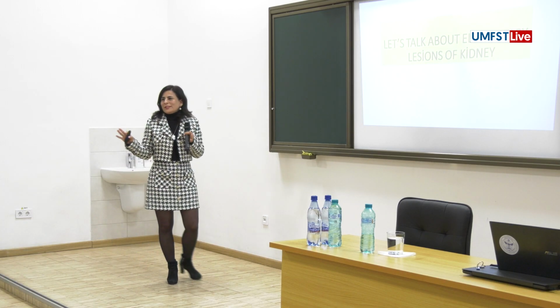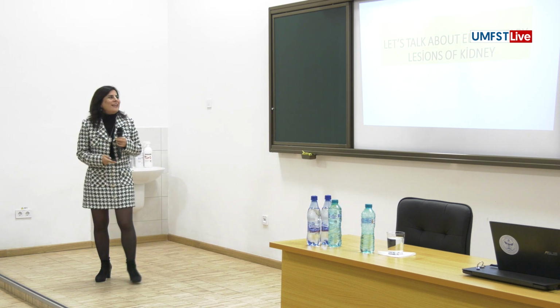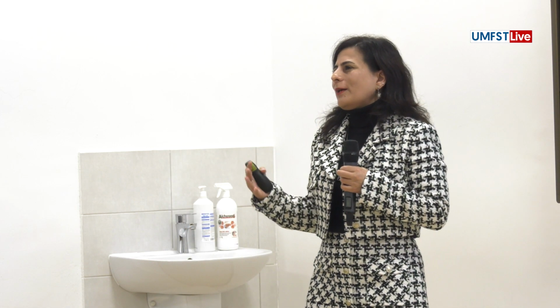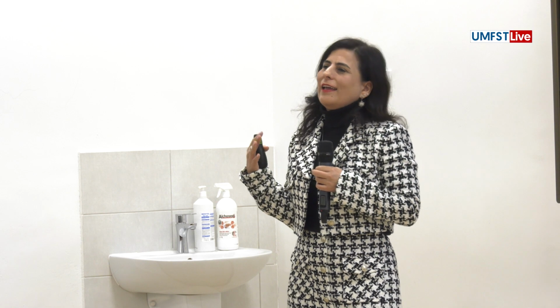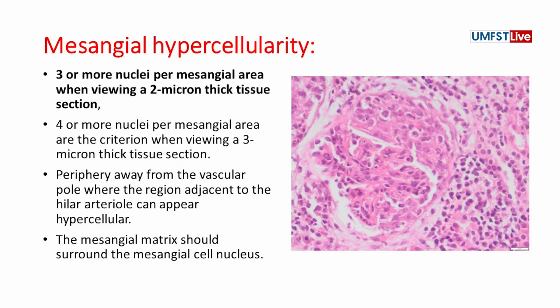Now, finally, we finished the histology part, and we are starting with elementary lesions. The most important thing, we are usually talking about hypercellularity and enlargement, increase of the matrix. If we are saying hypercellularity, usually in the capillary loops we have to see 3 or fewer mesangial cells.